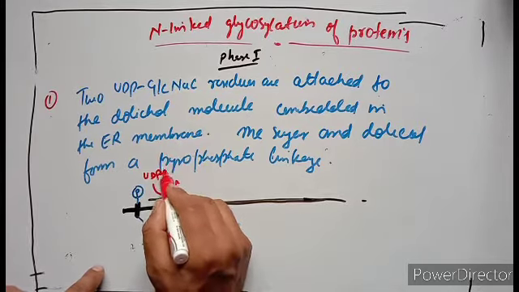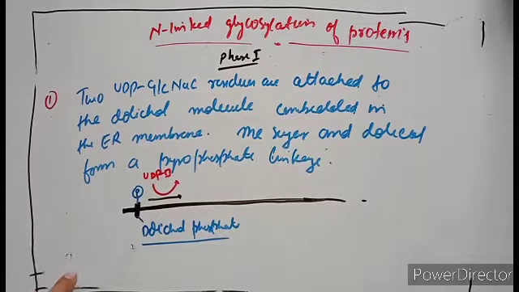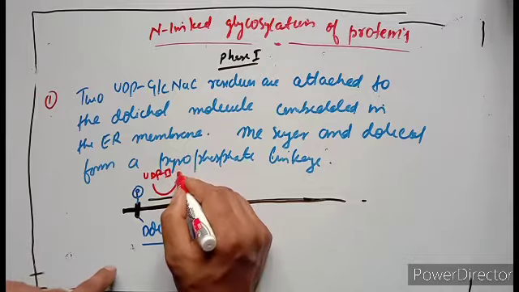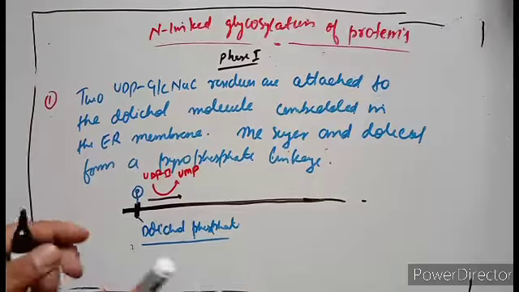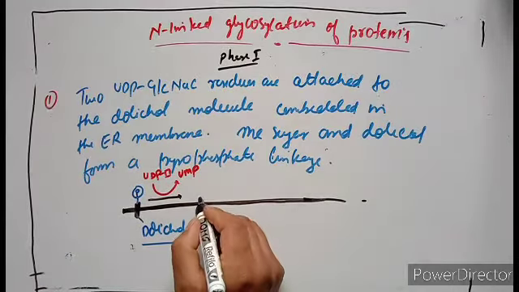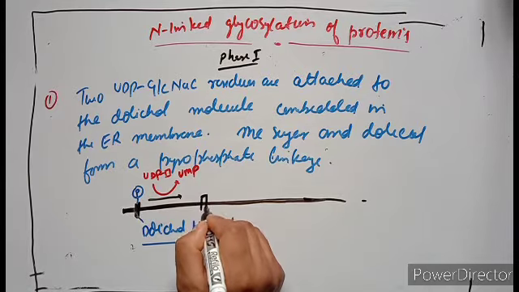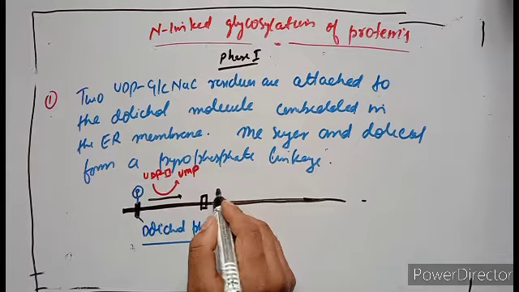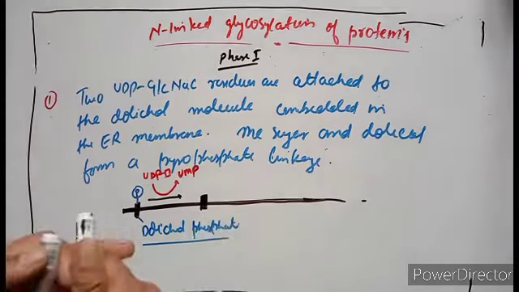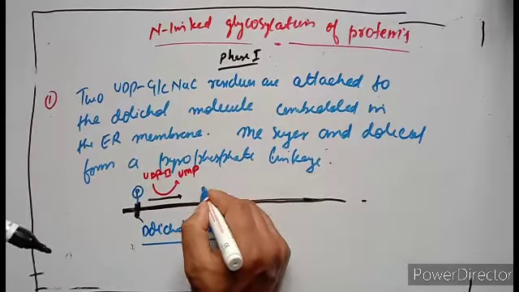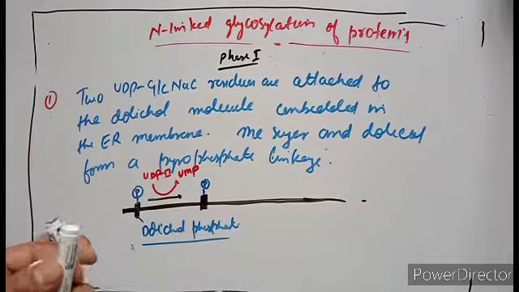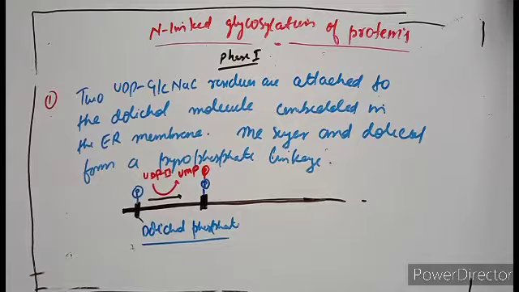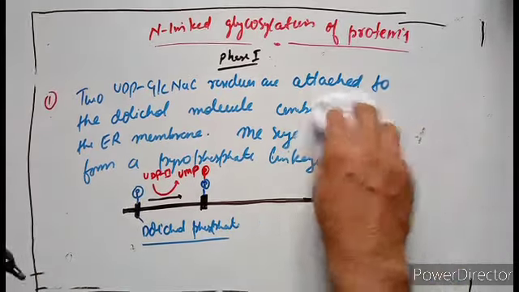UDP, and this is the N-acetyl galactose. Okay, so this gives us UMP. I will rub this.